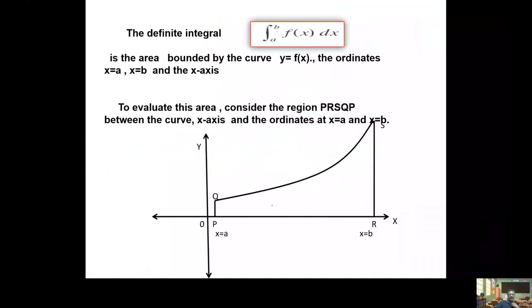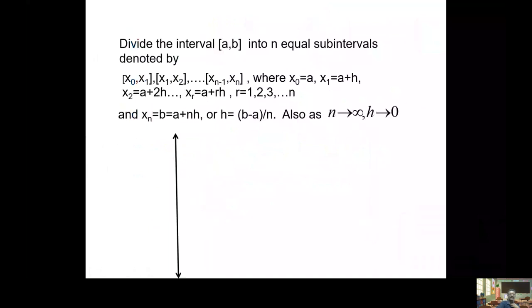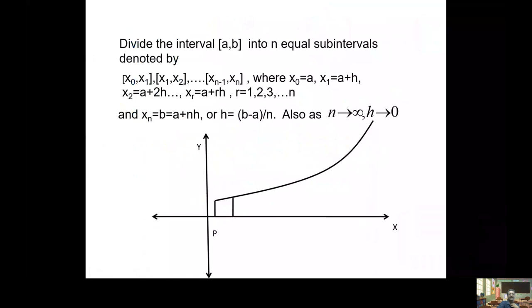Now, what you have to do is split this area into small rectangles like this. Divide the closed interval [a, b] into n sub-intervals.